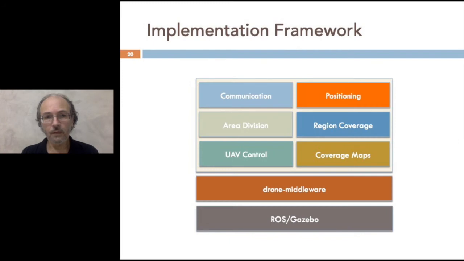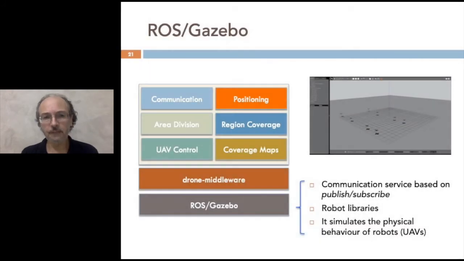So our implementation framework is based on ROS Gazebo. ROS Gazebo is a tool or a set of tools often used by the robotic community, and it provides a very nice simulation environment with functionality to simulate the physical behavior of robots, including UAVs.